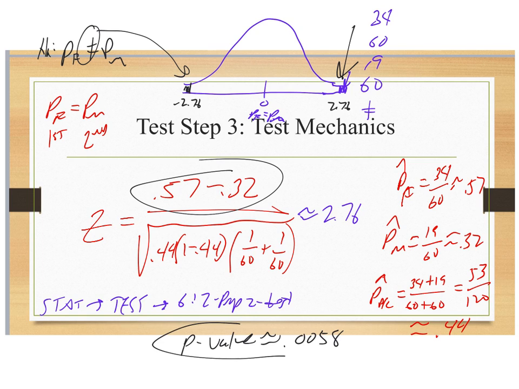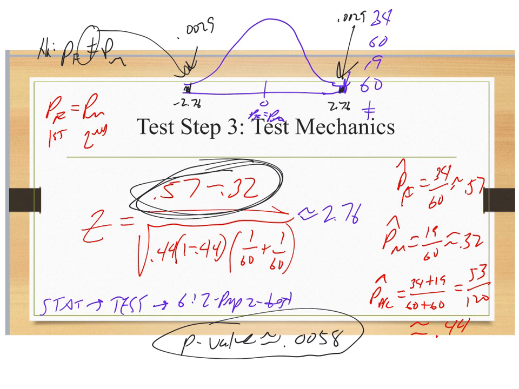What that means is that this was 0.0029 up here, and this was 0.0029, which means there was about a 1 in 200 chance that our percentages would be this much different if they were supposed to be equal. So that's assuming the null is true.